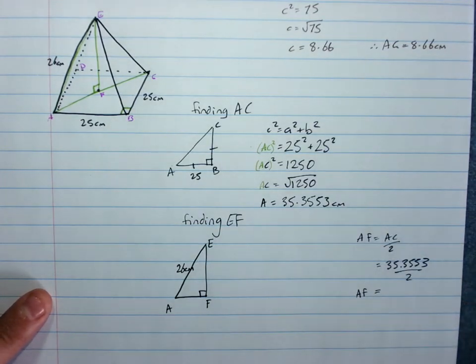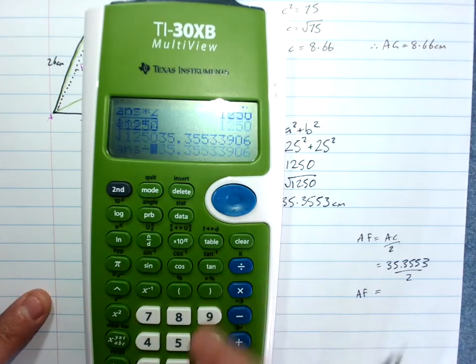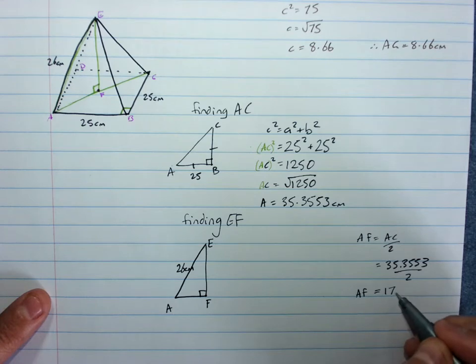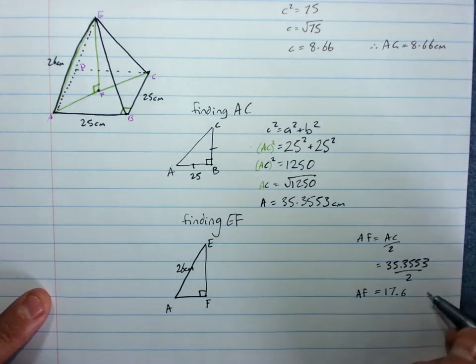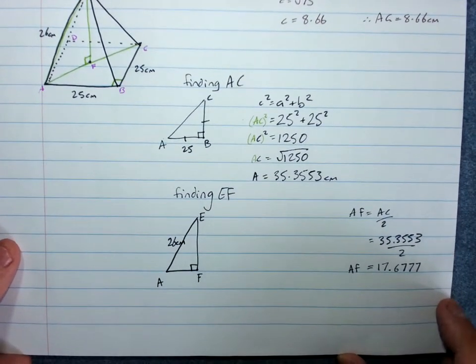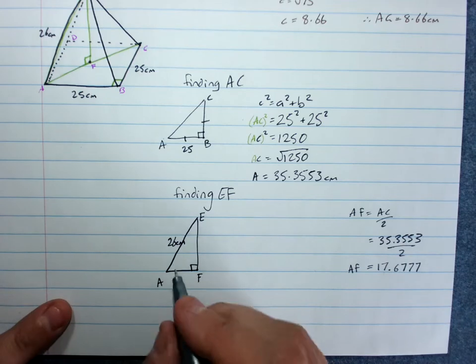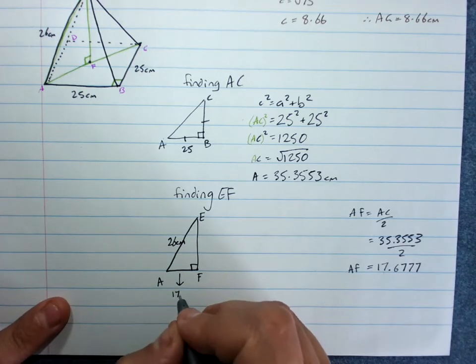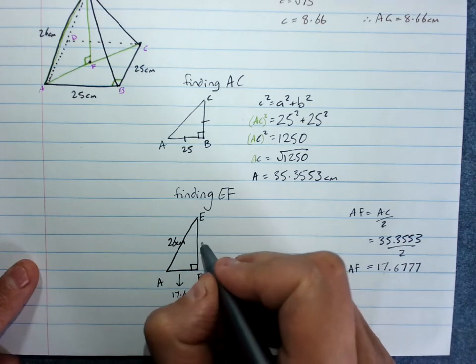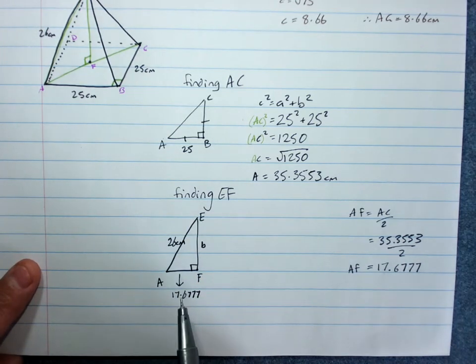So just making sure that I've divided that by 2, that I've really got an accurate sense of what I'm doing with my working. So I've shown how I got AF, and this is my side that I'm after here.